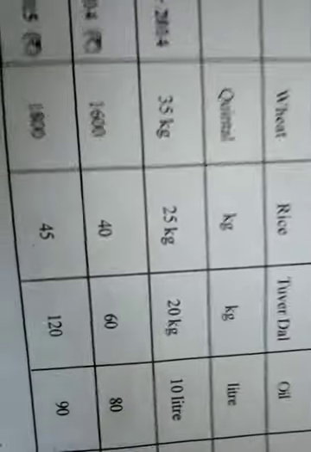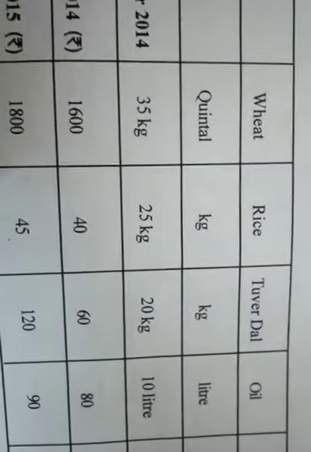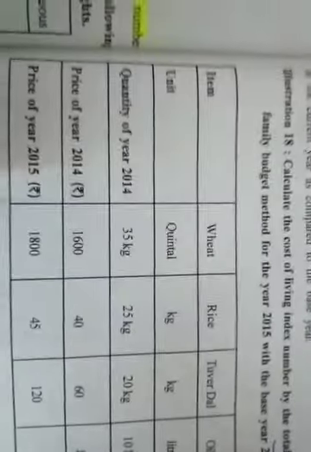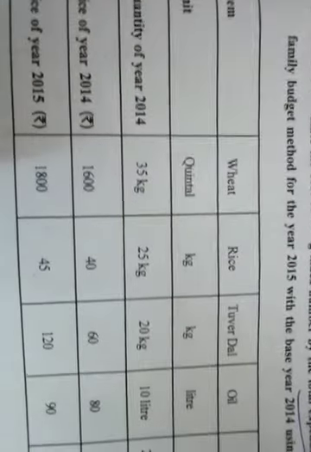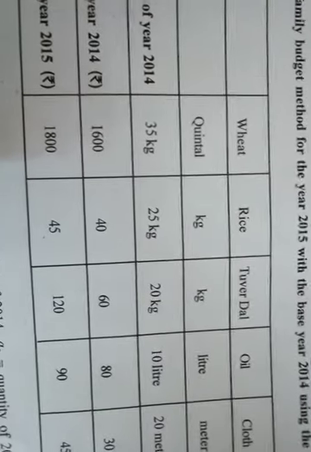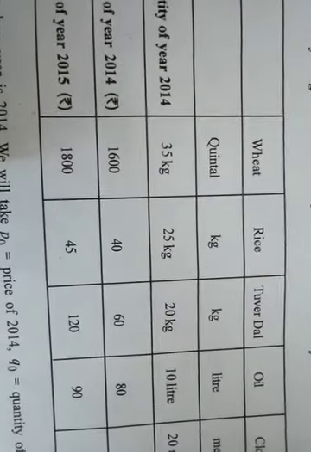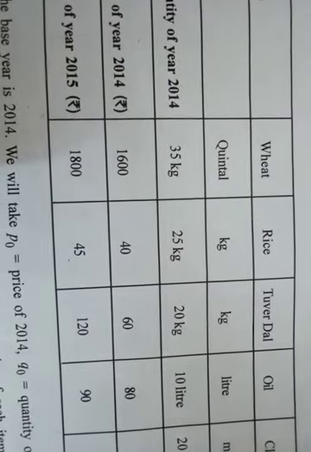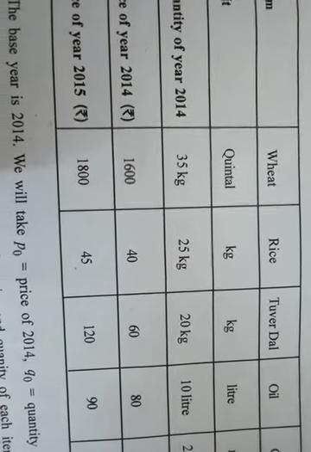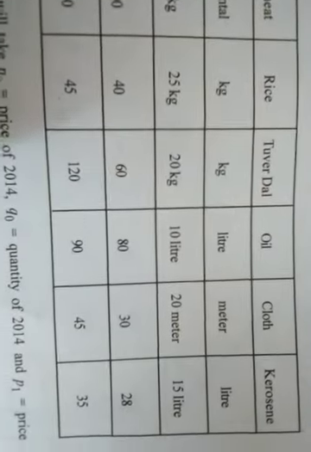Please take care, the unit given is a quintal for wheat. Others are kg or basic units. If 1600 rupees is for 1 quintal, 1800 also is for 1 quintal. Quintal means 100 kilogram. Just keep in mind, later we will use that.